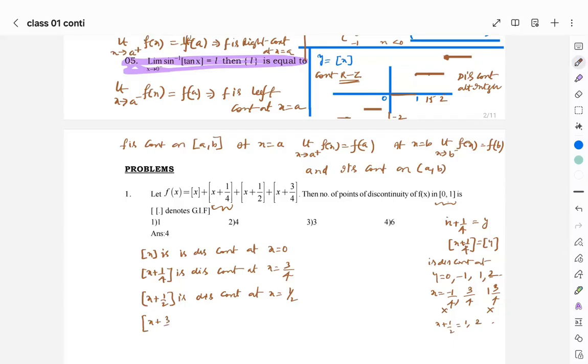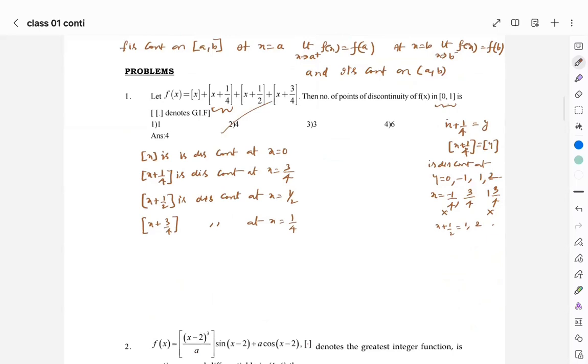Step of x plus 3 by 4 is discontinuous at 1 by 4, because around 1 by 4 it becomes an integer, so before and after the integer there will be a gap. So the number of points of discontinuity in the interval will be 4. What are the 4 points of discontinuity? 0, 1 by 4, 1 by 2 and 3 by 4. These are the points of discontinuity.